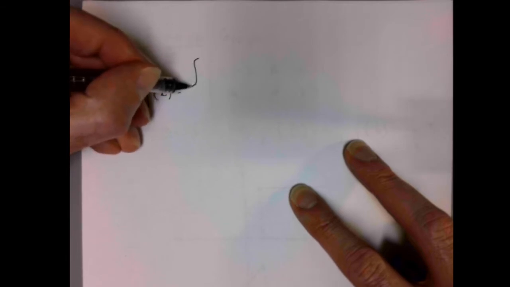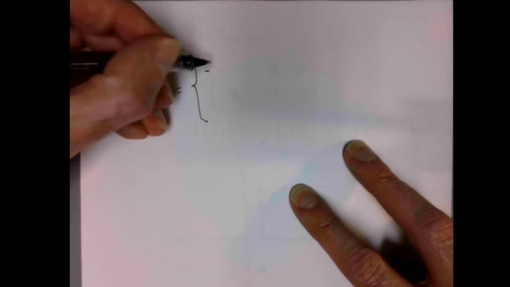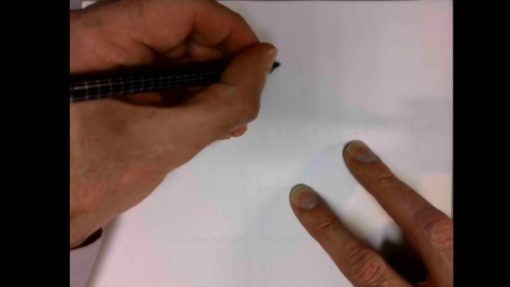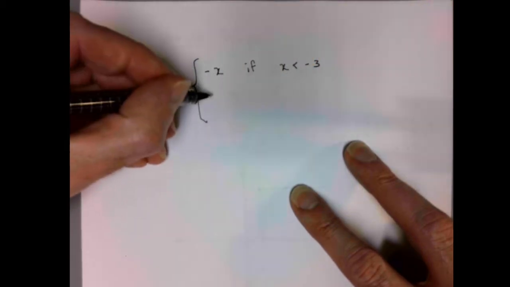Okay, so let's talk about something like this. So f of x equals, how about something like negative x? And we're following that rule if x is less than negative 3.